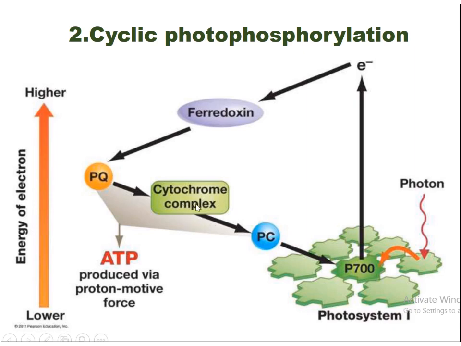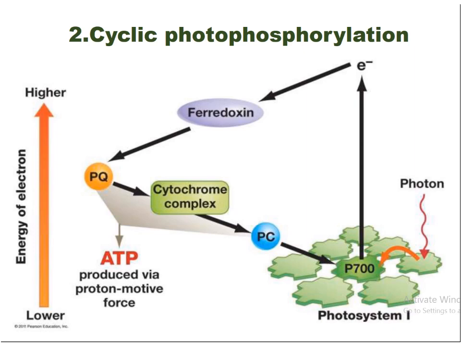When the plastoquinone electron is transferred to cytochrome b, there is another cytochrome called cytochrome f. During this electron transfer process, some energy is released, and this released energy is utilized by ADP and inorganic phosphate, which produce ATP.